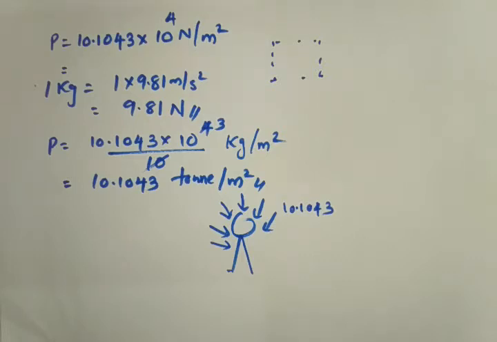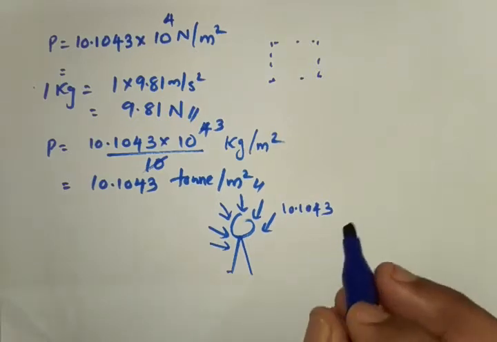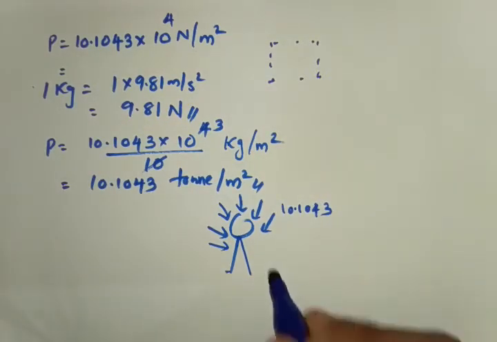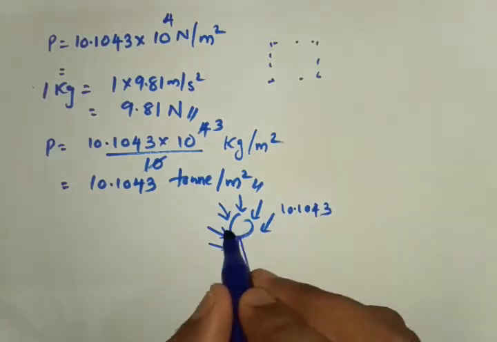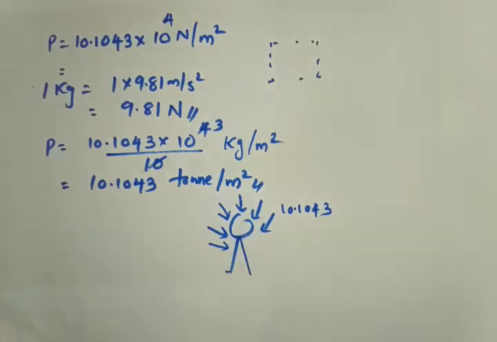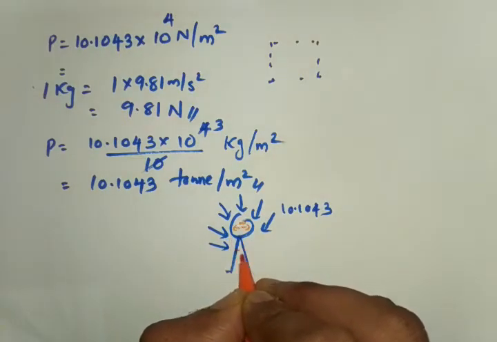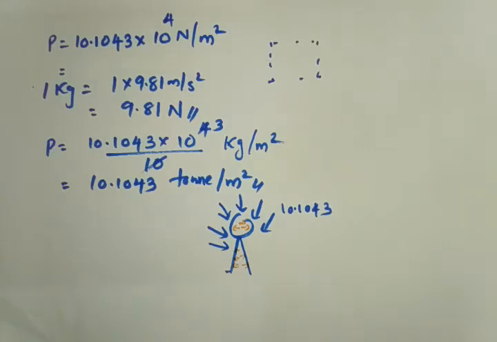It is because we have the same amount of internal pressure acting in the other direction. The atmospheric force is from the outside, and this internal pressure is from the inside. So there is a balance between the two forces, and they cancel out.